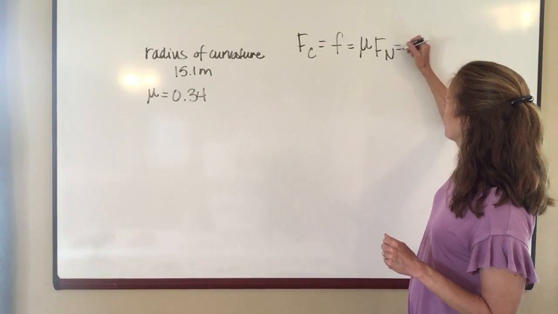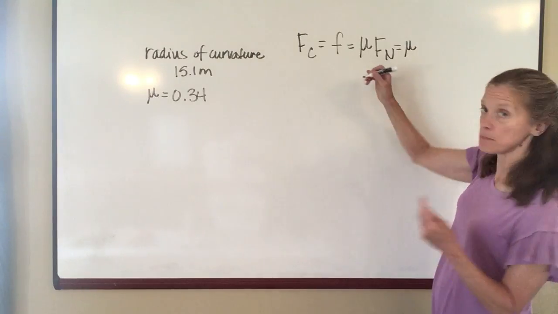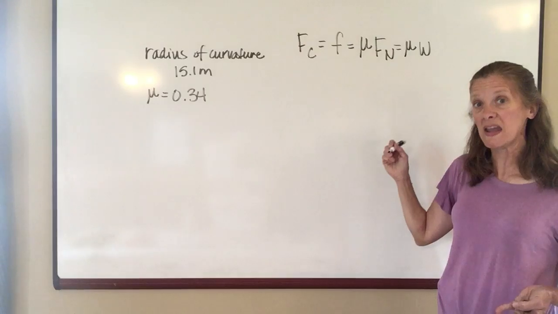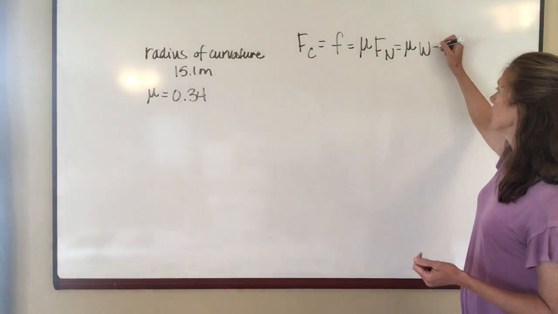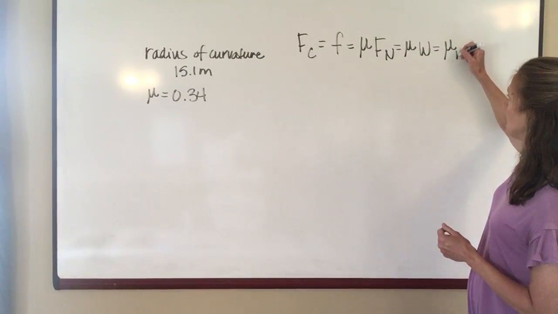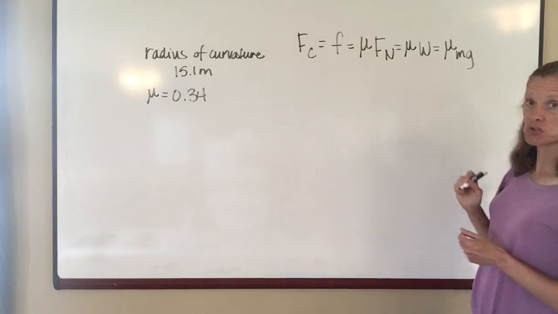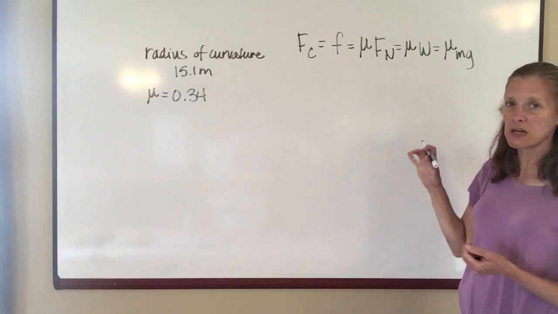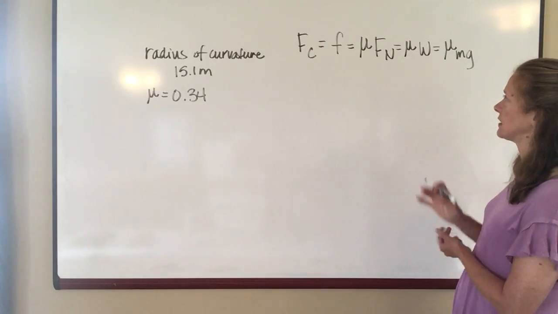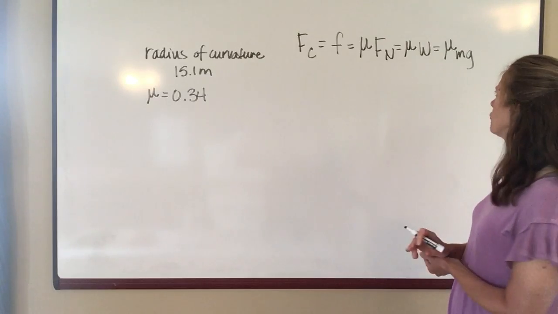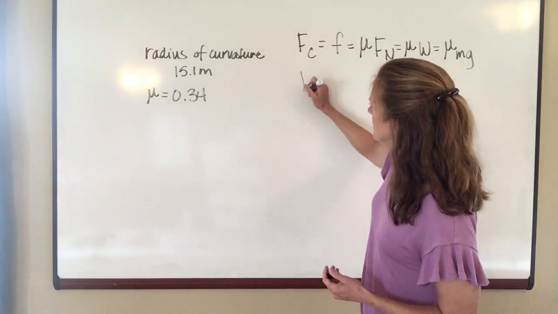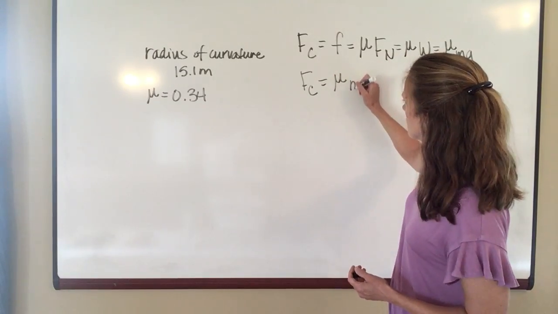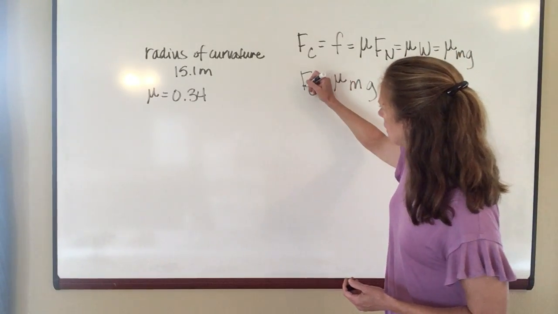So magnitude-wise, the frictional force would be equal to the coefficient of friction times the weight. I know that the weight is the same thing as the mass times gravity. Again, I'm just substituting things that I already know to find an equation that I can actually use. So the centripetal force is going to be equal to mu times the mass of the car times gravity.